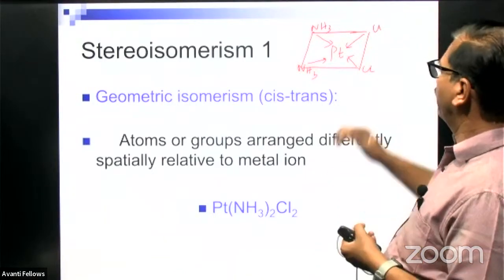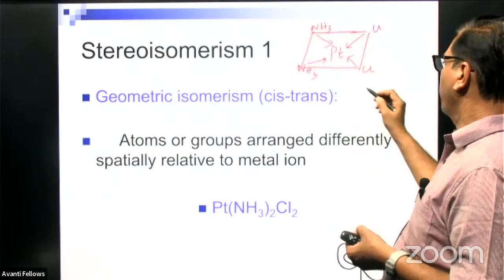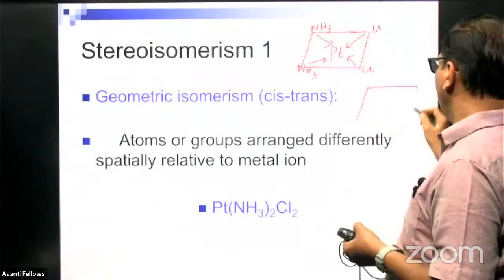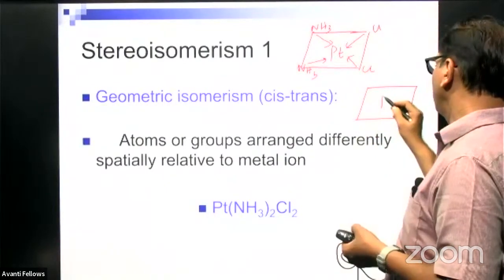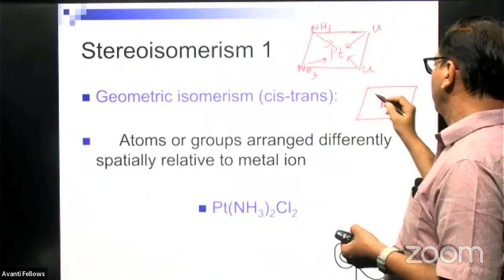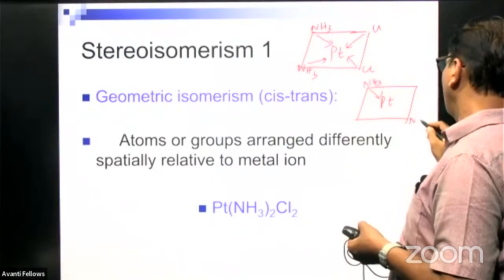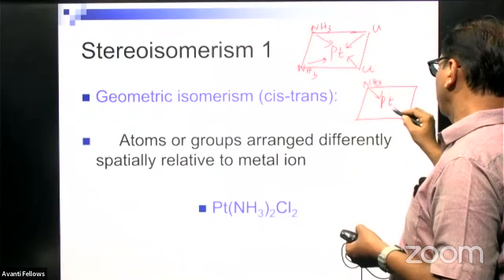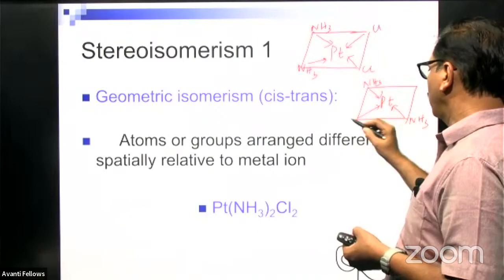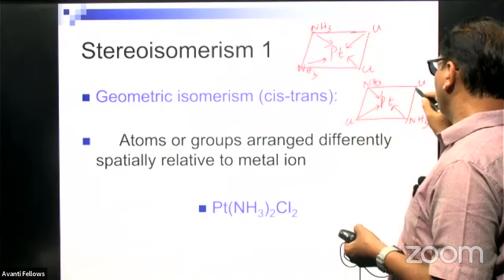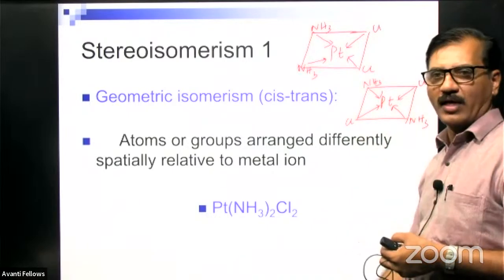Okay, this is one way of arrangement. Another way of arrangement in space: the central atom, one NH3 is here, another NH3 is here, opposite to this. One Cl is here, giving a pair of electrons, another Cl is here. So the chlorides are on one side.